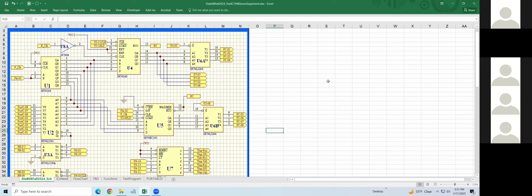Then when the output gets to U4, it's got a bubble, which is active low. No, that's the wrong part of U4. That's not a bubble. No, pin 2 of U4. U4 has to be 0 to 1. Clock.